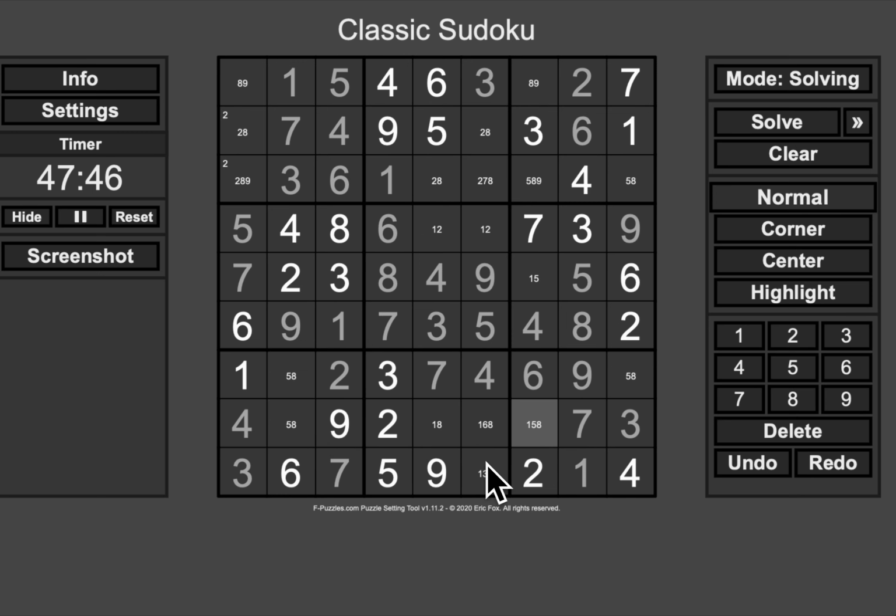are clearly 1, 5, 6, and 8. This can't be 1 or 6. This can't be 5 or 6. This could be anything but 5, and this can be anything but 6. Oh, but it can't be 1. Okay. So that's a 5 8 pair, as is that, and that, and that.